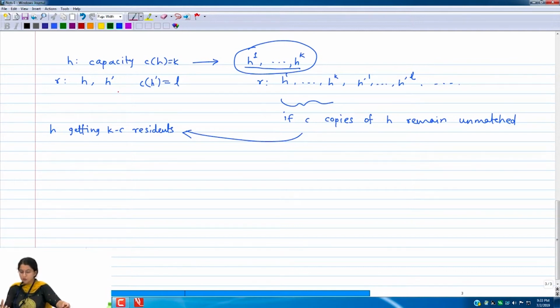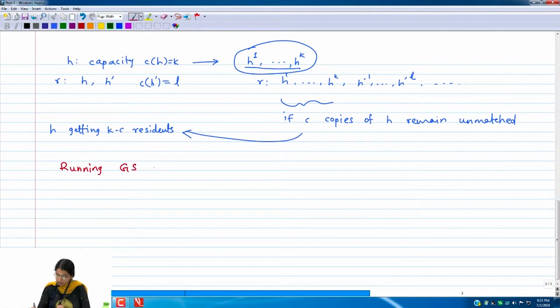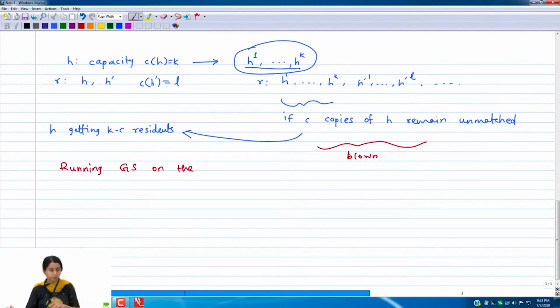Yes, because if there is no blocking pair here, yeah, so let me write this down. Although I am not precisely proving these statements. So running Gale-Shapley on, this I call a blown up instance, because we blow up every hospital into CH many copies.